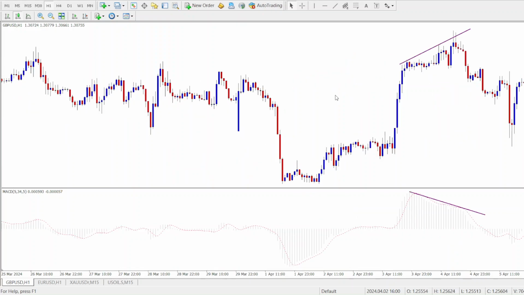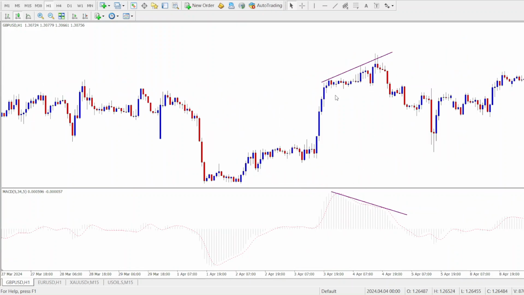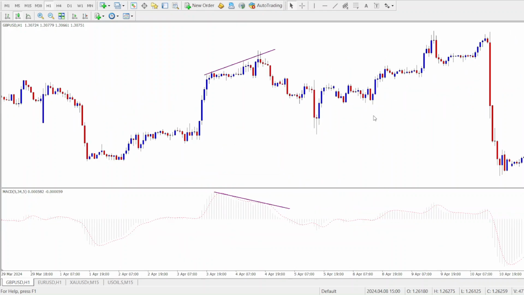Okay, so even though we have the momentum looking as if it is getting weak because of these lower highs, the trend is actually stronger than it appears.